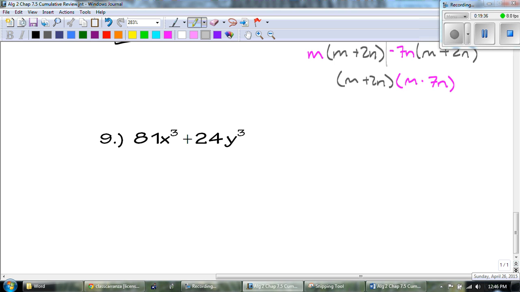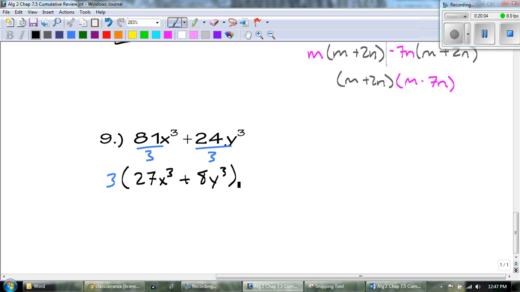All right, number 9. Remember, the first thing we always do is check for the GCF, okay? I can divide everything by 3. And when we do that, we're left with 27x cubed plus 8y cubed.